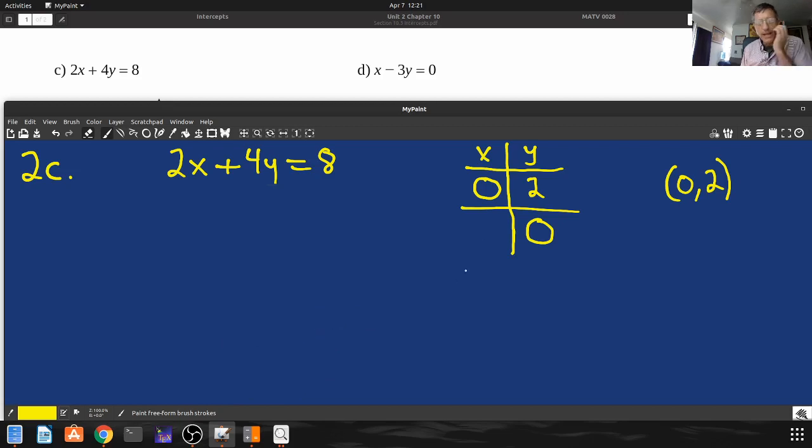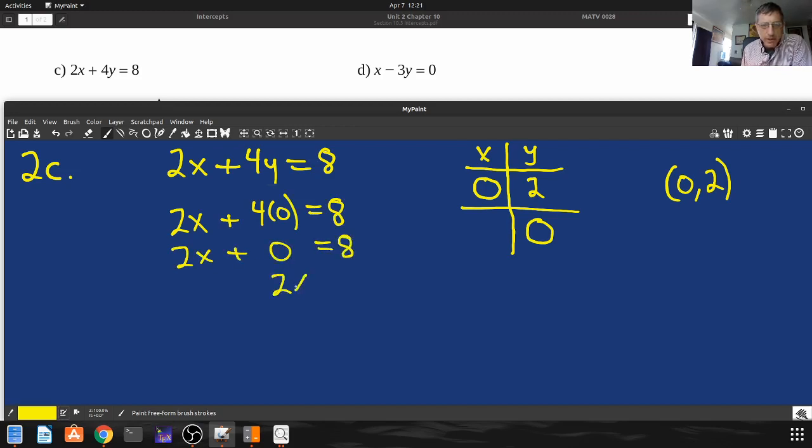Now let's find the x-intercept, and we do so by setting y equal to 0. So that's 2 times x plus 4 times 0 is equal to 8. So this gives me 2x plus 0 is equal to 8, which means 2x is equal to 8.